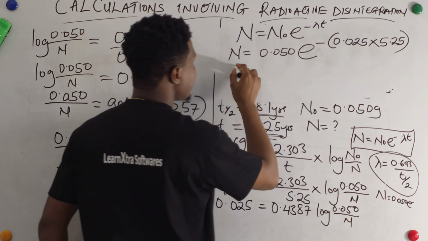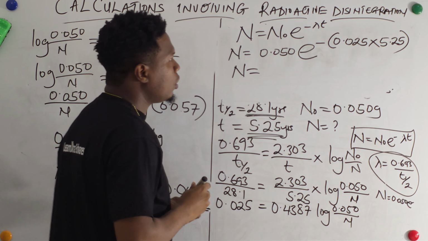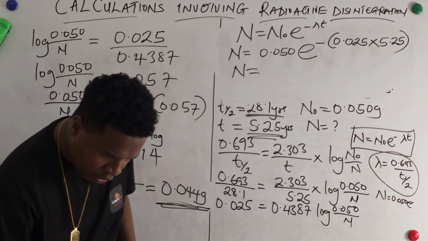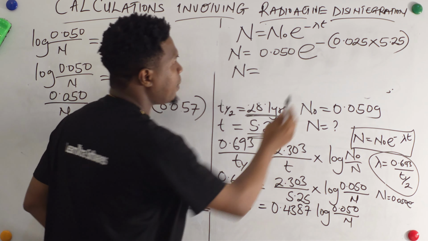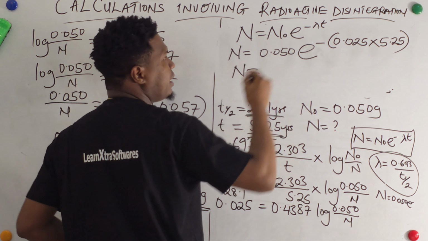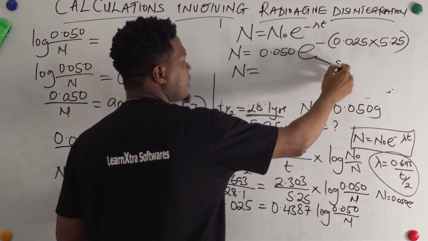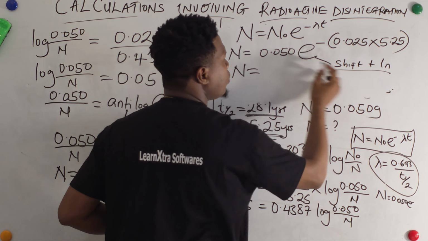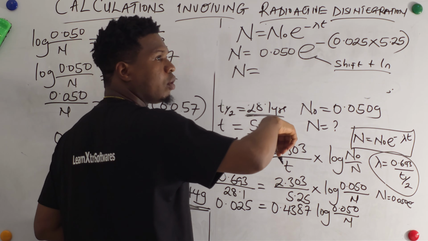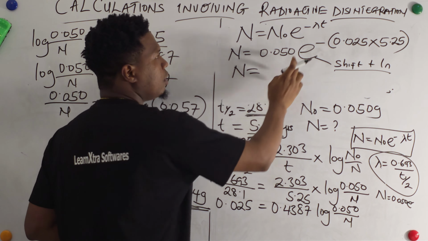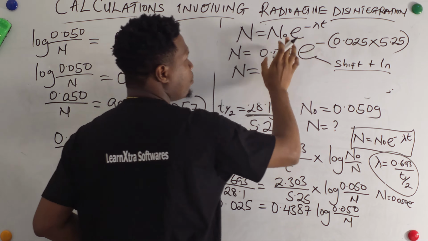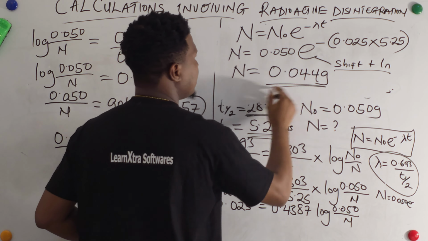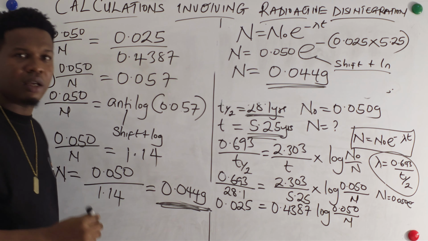You multiply this and find the exponential by pressing shift plus natural log. You will still get 0.044 gram, the same answer that we got here.